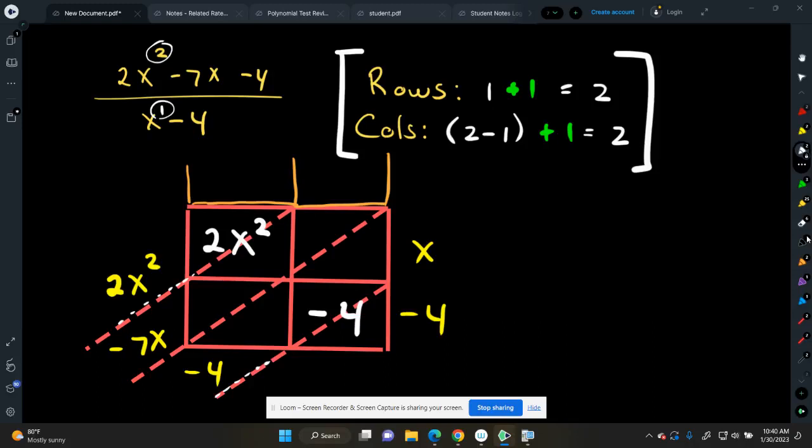So we have 3 minus 2. And then we always do what? Plus 1. So that gives us 2. So that means our rows go this way, and our columns go this way. We have 3 rows and 2 columns.